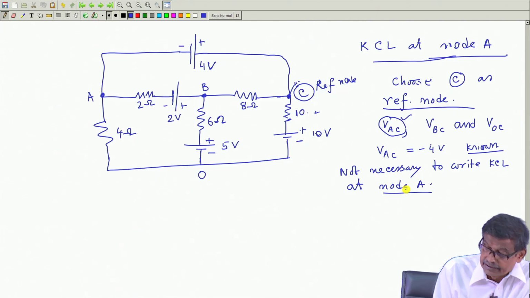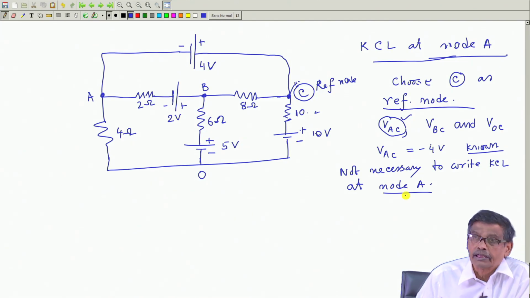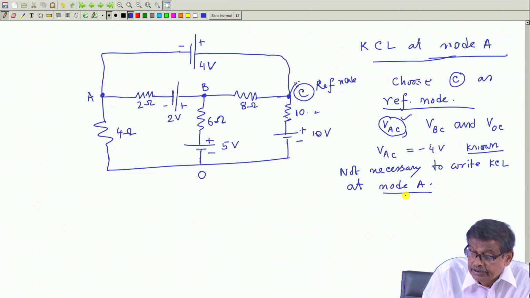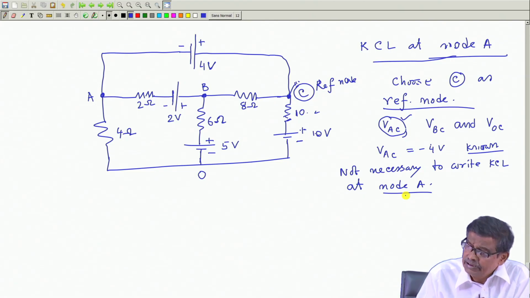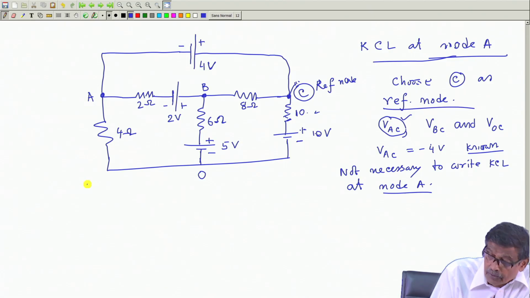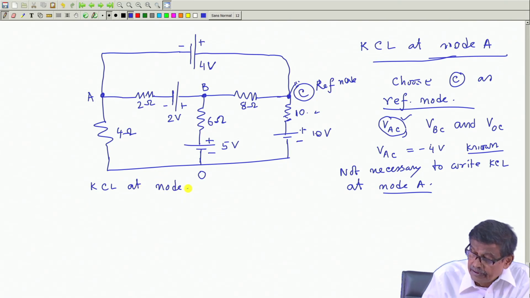Now, let us write that. So, not necessary to write KCL at node A. In fact, if you want to write it down, there will be difficulty, but nonetheless VAC is already known because there is a fixed battery here. Now, KCL at node B, let us write.